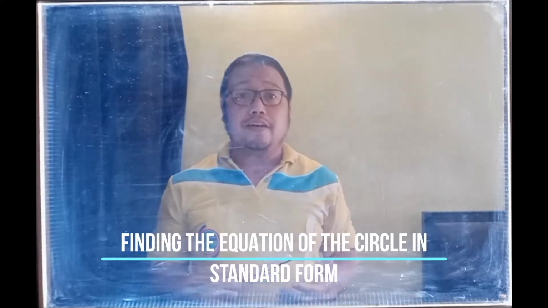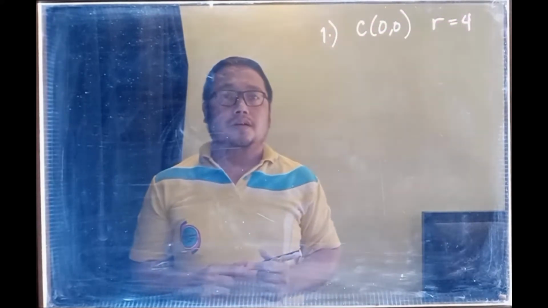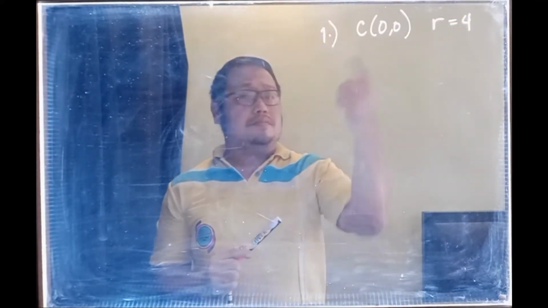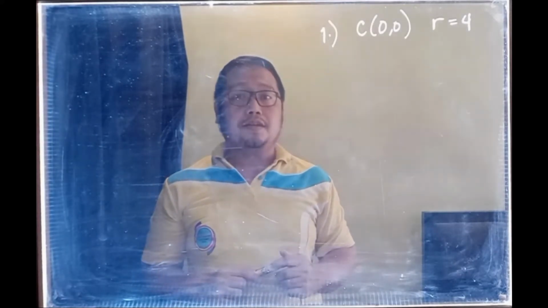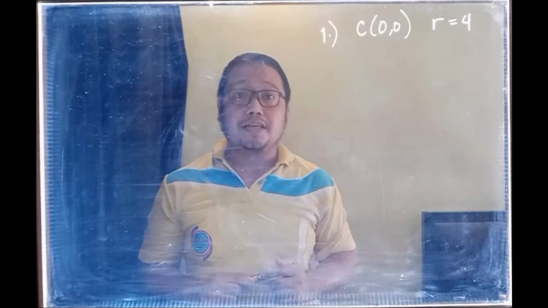Now, let's try to find the equation of the circle given some parameters. Let's say, for example, given the center is at the origin (0, 0) and radius equals 4, we can find the equation of the circle in standard form.